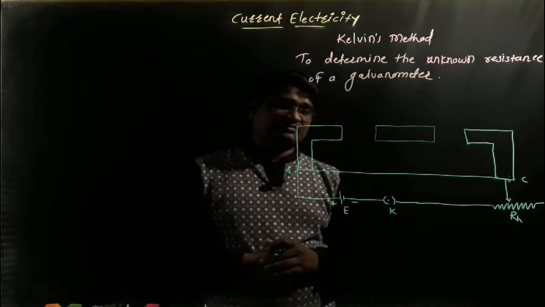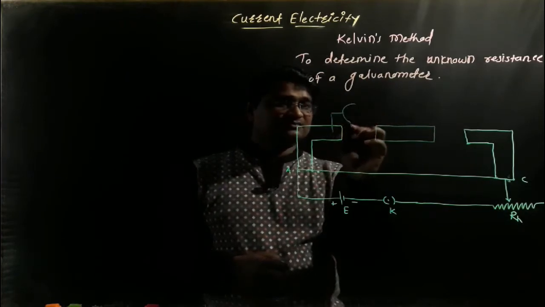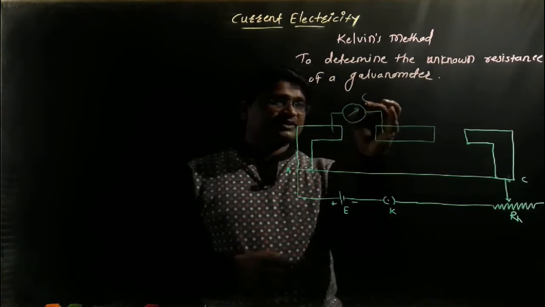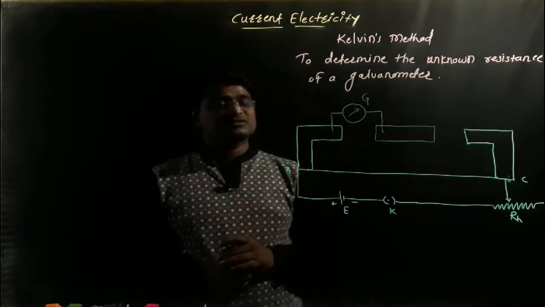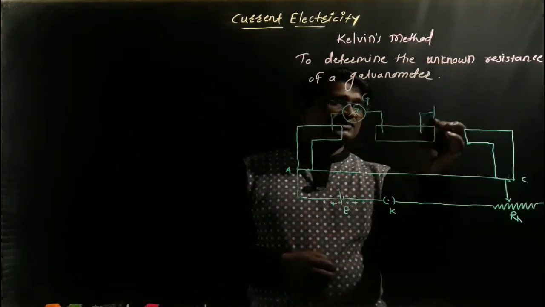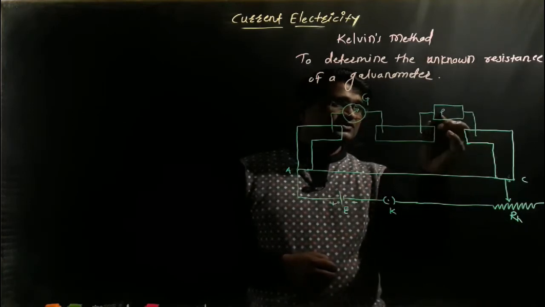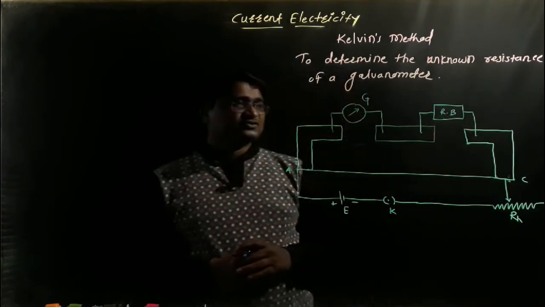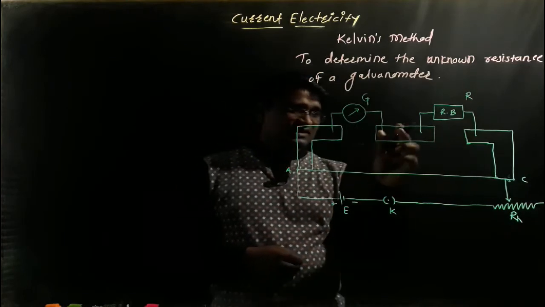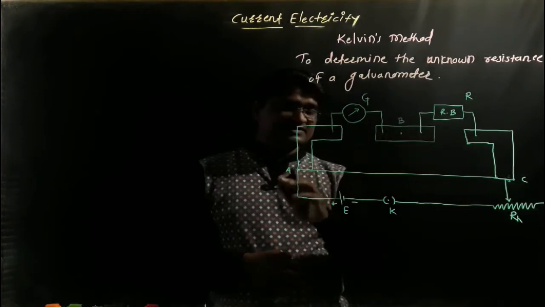In the left gap, we connect the galvanometer, whose resistance is denoted by G. We affix the resistance box RB on the right gap. This is a known resistance, denoted by R. This is the central metal strip, having the point B, that is A, B, C.